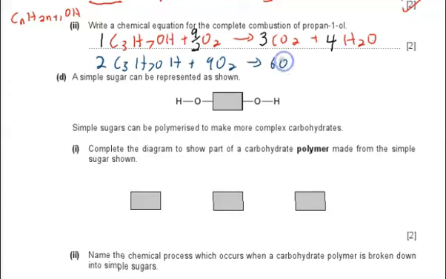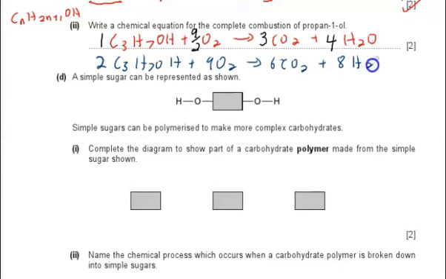Here we have 6 CO2, and here we have 8, if we multiply by 2, if you don't like this fraction. Okay, this is 2 marks. Okay, we move on with the next question.